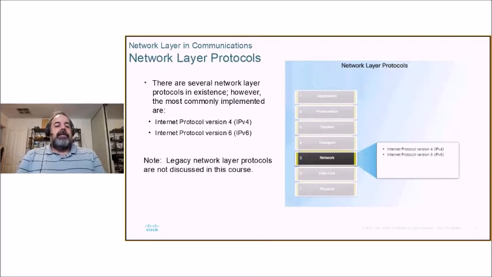There are several network layer protocols. However, you will rarely see anything but IPv4 or IPv6. We don't talk about anything else in any great depth in this course, because these days they're pretty much irrelevant.